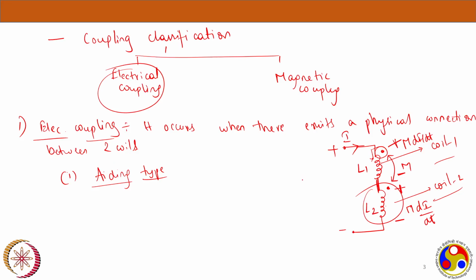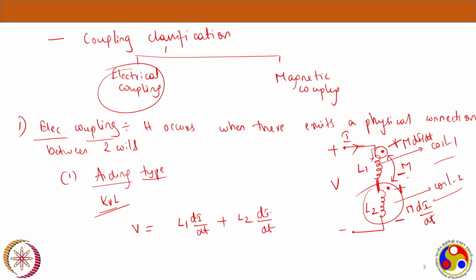Now I will apply KVL here. Let's say I'm applying a voltage V and writing the KVL equation. V is equal to, you can also tell me what it is, L1 di by dt plus L2 di by dt.